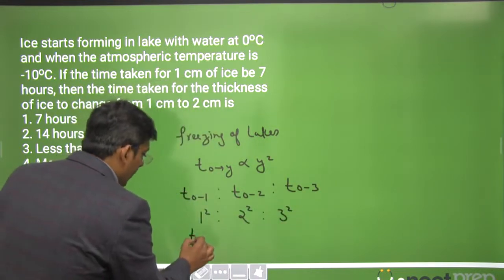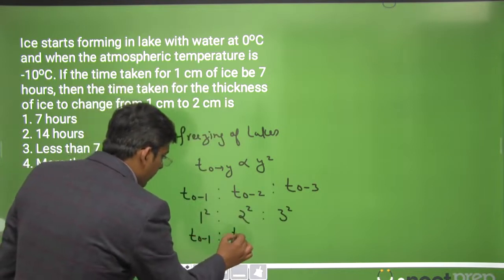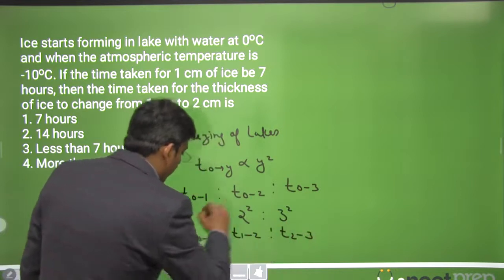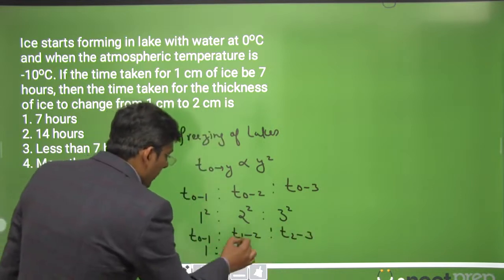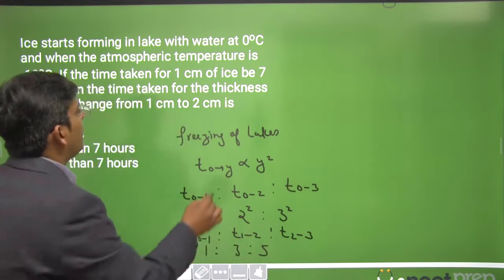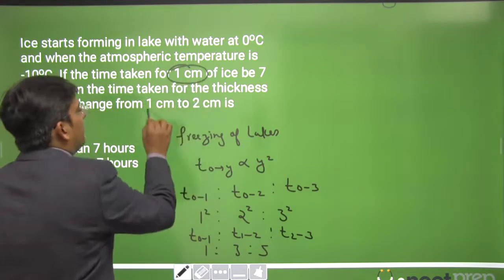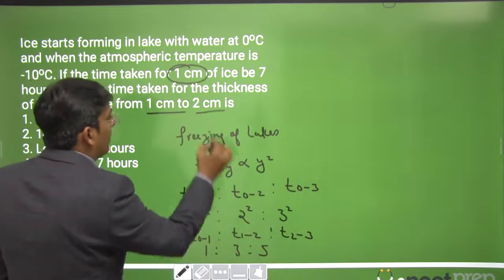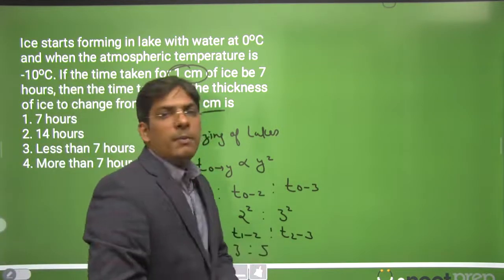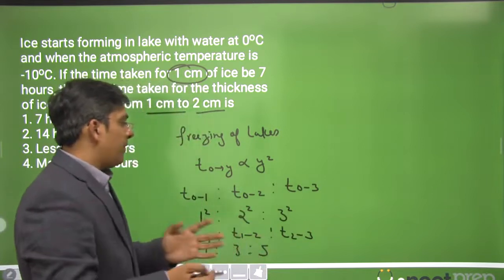See, 0 to 1, then 1 to 2, then 2 to 3. So this is the difference: 1, 4 minus 1 is 3, 9 minus 4 is 5. So if the time taken to form the first 1 centimeter is 7 hours, then from 1 centimeter to 2 centimeter it will be 21 hours, right? And then the next 1 centimeter will be 7 into 5, that is 35 hours.